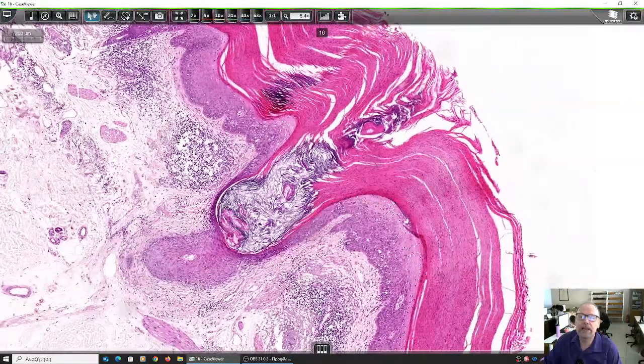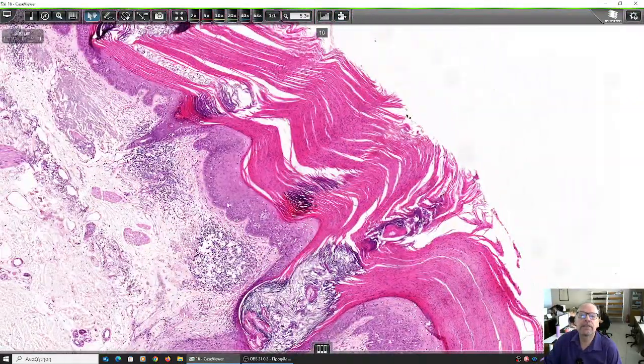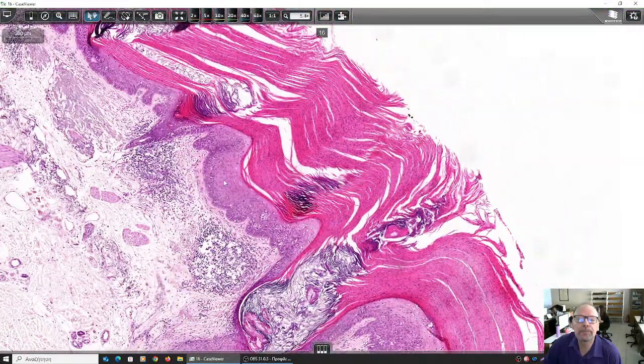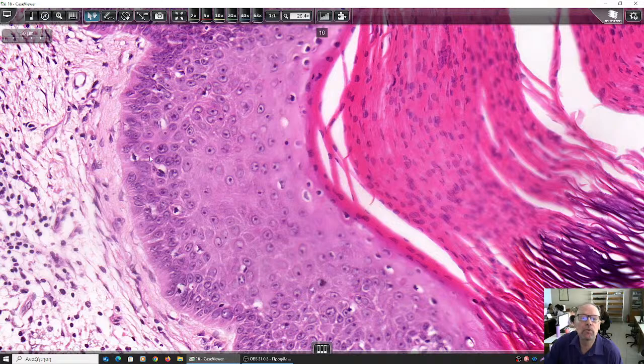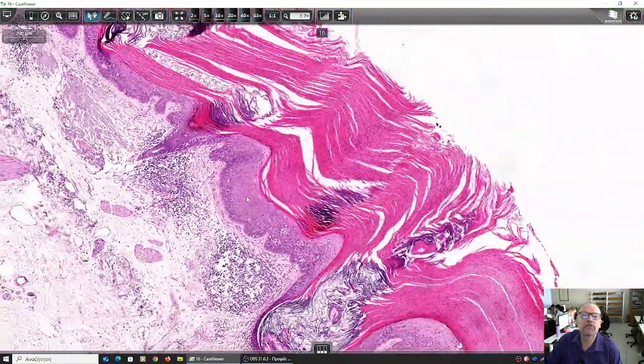Now, let's have a look at the other layers of the epidermis. So which one is this layer? This is the basal layer, and this is the squamous cells, which are more mature.